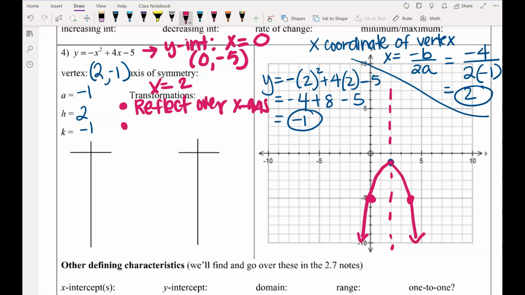H being 2 is to go right, how many units? 2 units. K being negative 1 is to go down 1 unit. Out of all 3 forms, is this pretty bad? Not really.